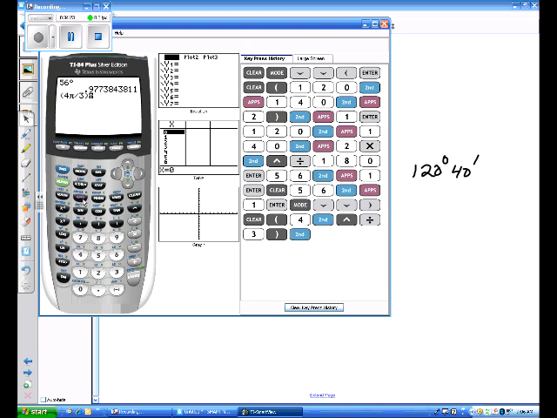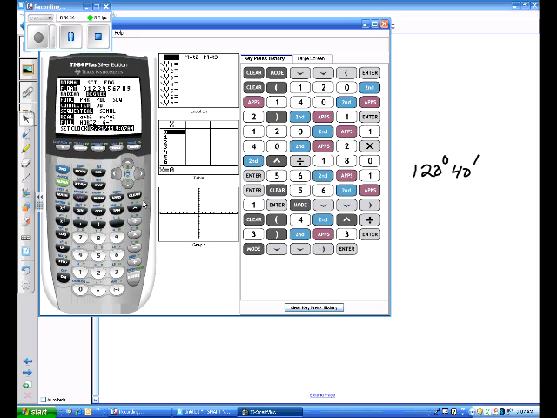So what we do is we go to second angle. And notice number 3 is an R. So we're saying that this is in radians. We want it in degrees. And it didn't give it to us in degrees. Did I get my mode right? I thought I entered it and changed it to degrees. I guess I didn't do a good job.